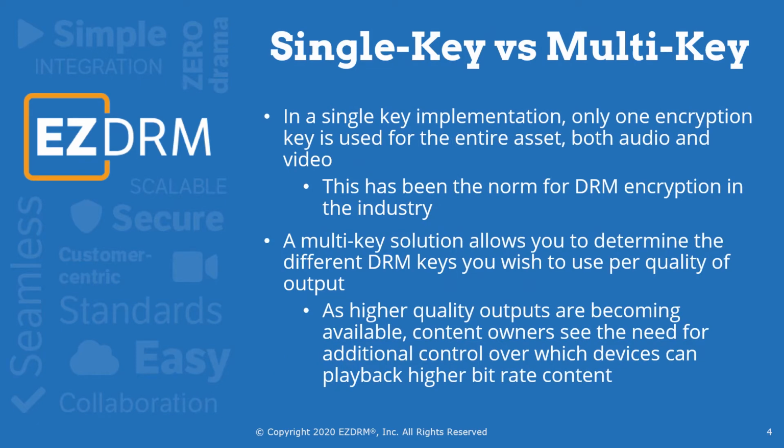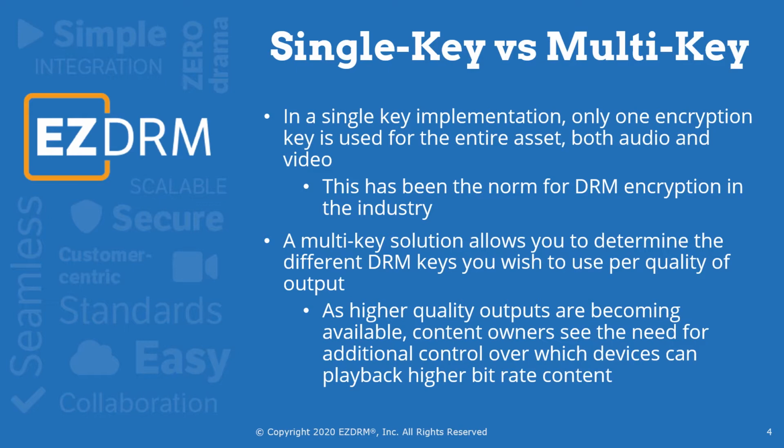So, a single key versus multi-key. In a single key implementation, only one encryption key is used for the entire asset, both the audio and video. This has been the norm for DRM encryption in the industry for many years. You had a DRM key pair and you encrypted that entire asset. In a multi-key solution, you can determine the different DRM keys you wish to use per quality.